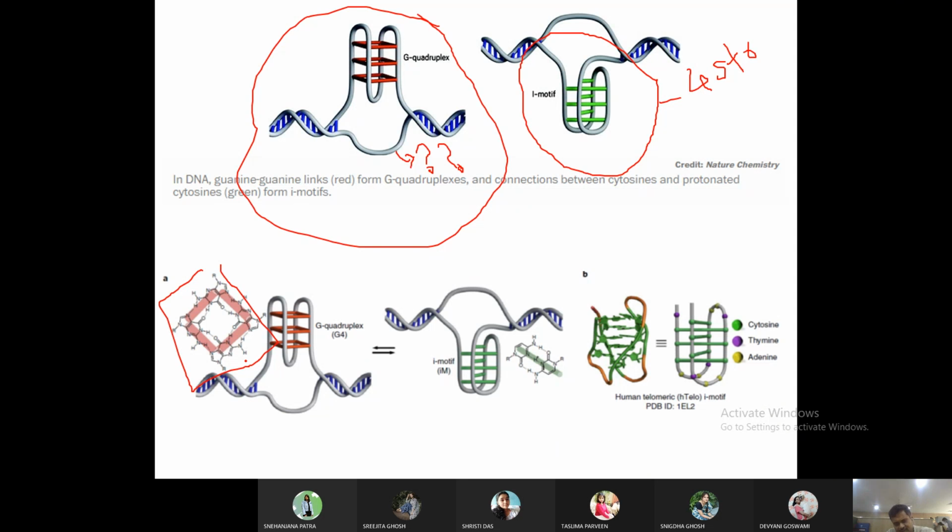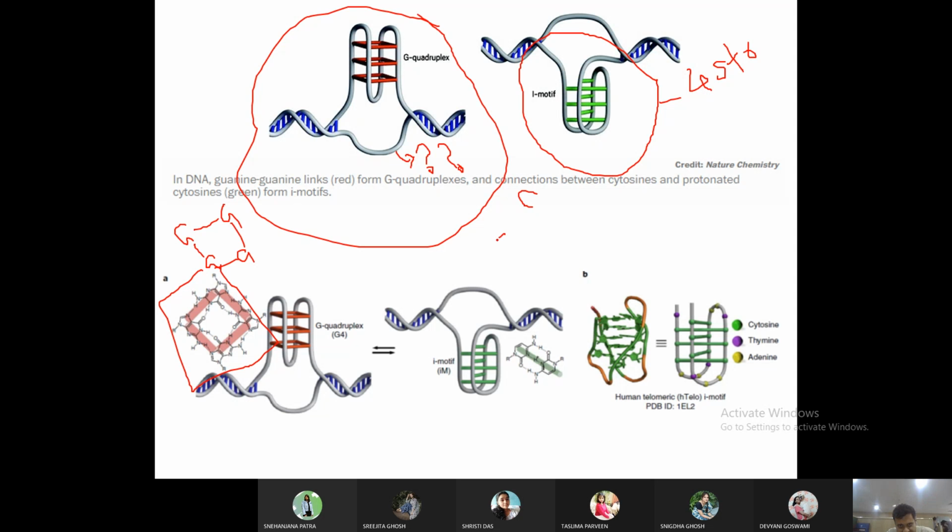And then they found, by using techniques like NMR spectroscopy, that here also these cytidines are actually forming hydrogen bonds, but not in a 4-corner way like we see in G quadruplex, where it is Hoogsteen base pairing. It is a very interesting way.